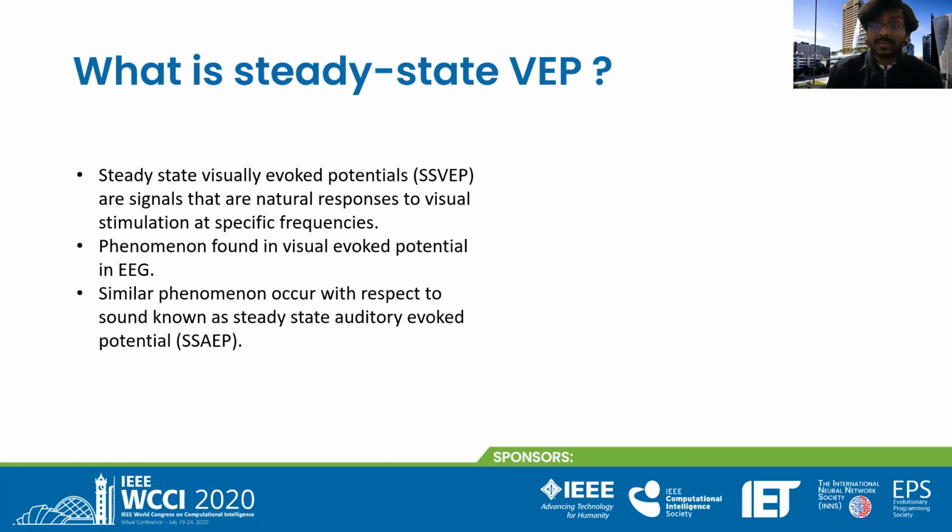This phenomenon, like I told you earlier, is a visual evoked potential, so it happens only in EEG. Although it can also be measured with MEG devices, those are not visual evoked potentials, but visual evoked fields.